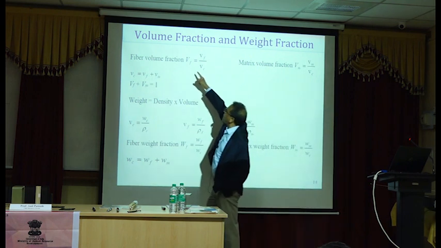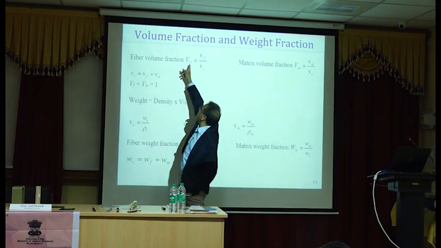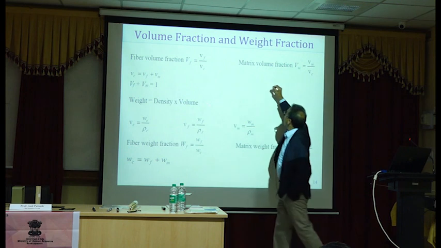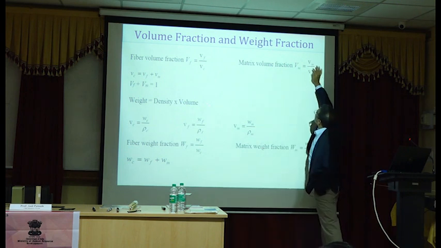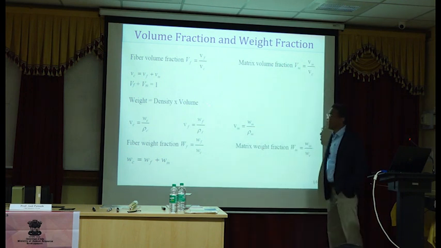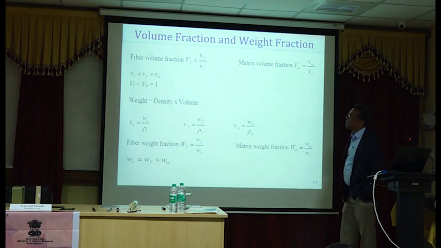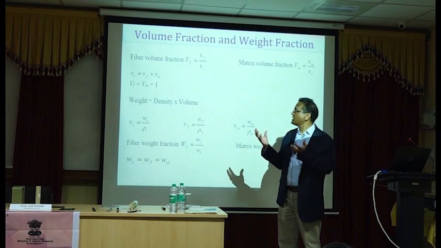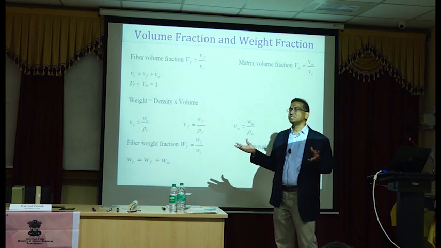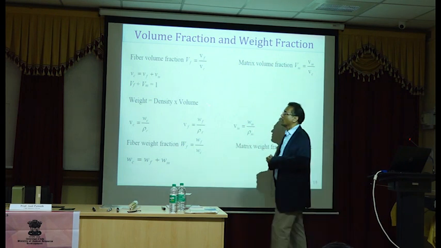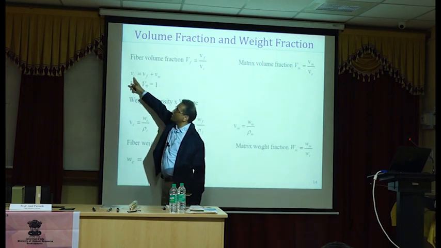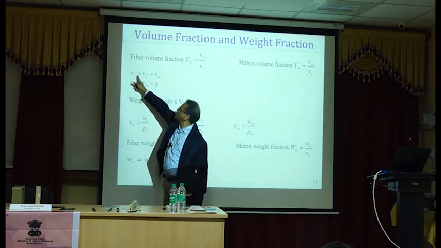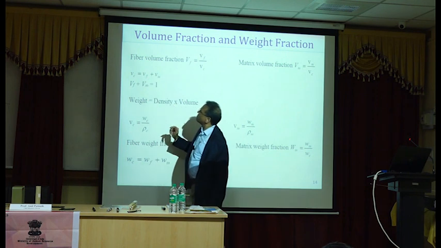And this is a lowercase v, which is small letter. So the volume of the fiber plus volume of the matrix equals total volume, which is equal to V sub c. Okay, so lowercase v sub c equals v sub f plus v sub m.